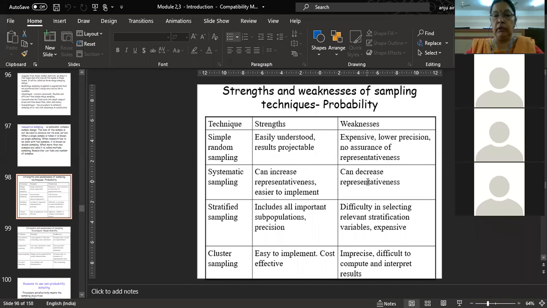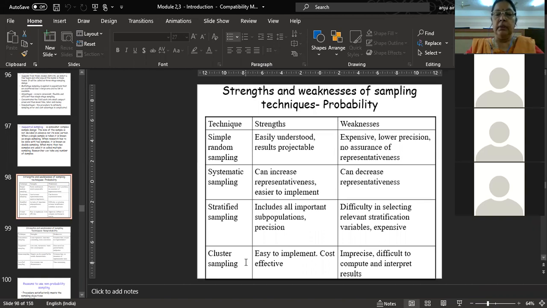These are the demographic variables. When you are dividing the population on the basis of these variables, sometimes you may do the stratification wrongly. Sampling error can happen, and the cost of your research can go up. So it becomes expensive.